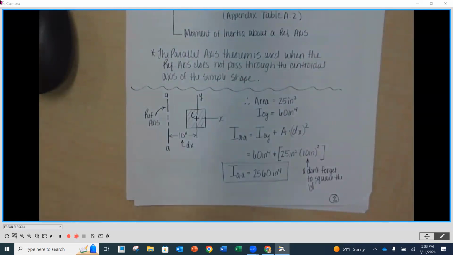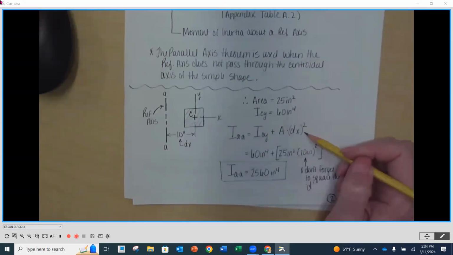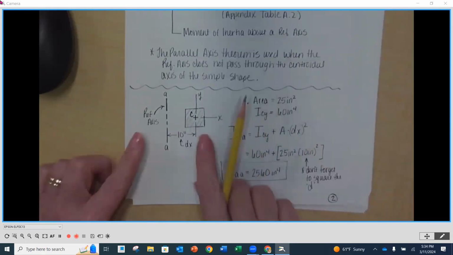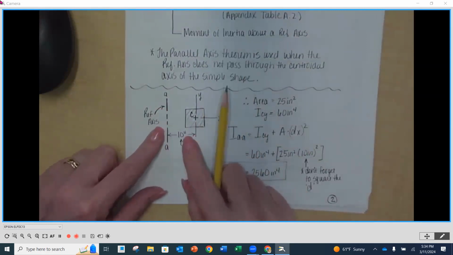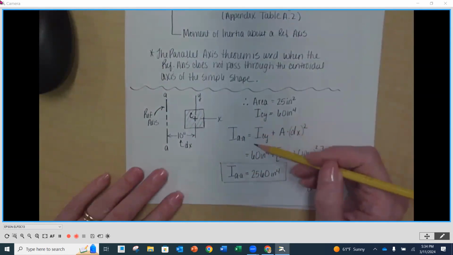And then plus the area of that shape times distance x, and it's distance x because it's the distance between these two vertical axes. It's a horizontal distance, so it's considered a distance in the x direction. In this case, it's 10 inches between the two, so that dx would be 10. So this is your base equation.